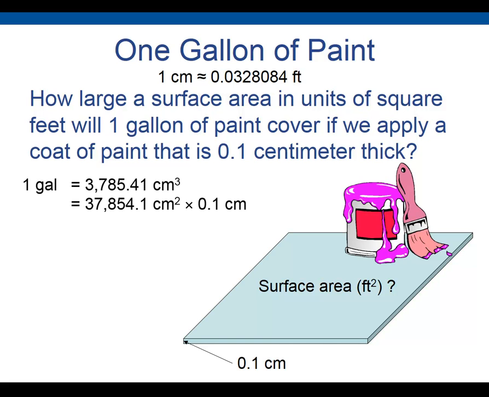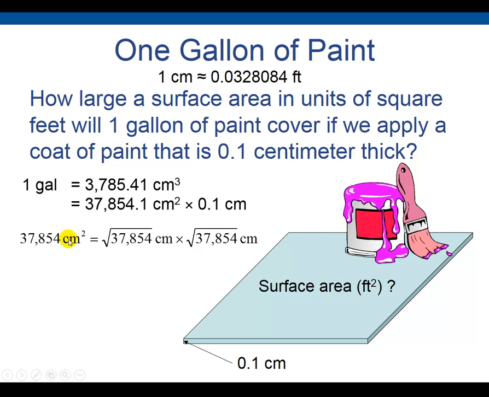So what we need to do is change this square centimeter into square feet. So 337,000, we can just divide the two terms, using the root equation.